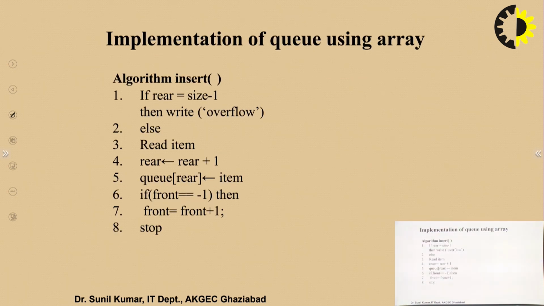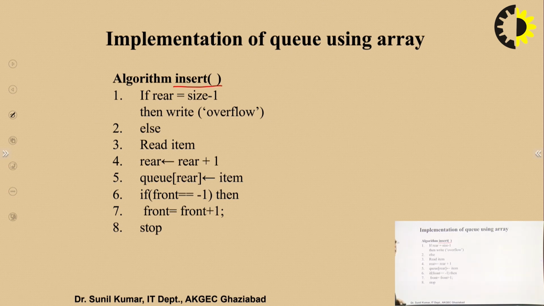Now we are going to discuss the implementation, and before coding we will discuss the algorithm for the insertion, then for the deletion, and then for the display, that is displaying all the elements at a particular time in the given queue. Now the first one is for the insertion. That means we will try to insert or add a new element in the given queue.